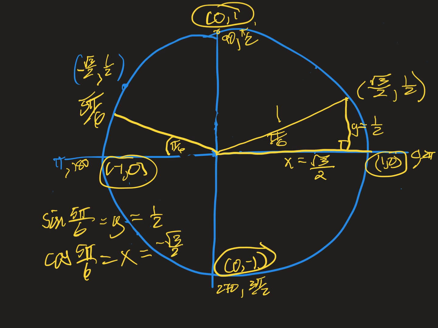So if we were trying to do, say, the sine of 270 degrees, and then just for fun, I'll do radians on the cosine, the cosine of 3 pi over 2, we already know what those are. Again, the sine is the y value, so it'll be -1, and the cosine is the x value, so it'll be 0.